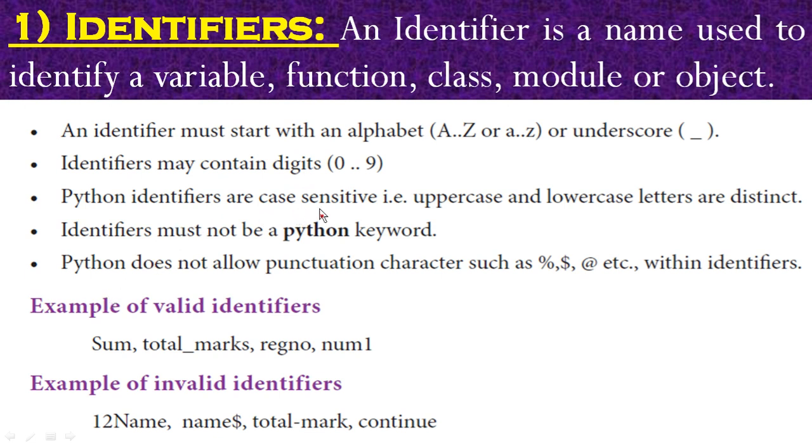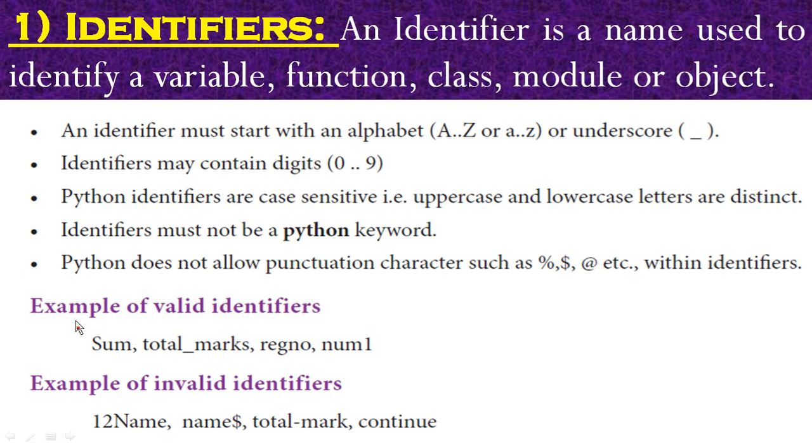Python identifiers are case sensitive, that is uppercase letters and lowercase letters are distinct, they are different. Identifiers must not be a Python keyword. Python does not allow punctuation characters such as $, asterisk, modulo, at, etc. within identifiers.